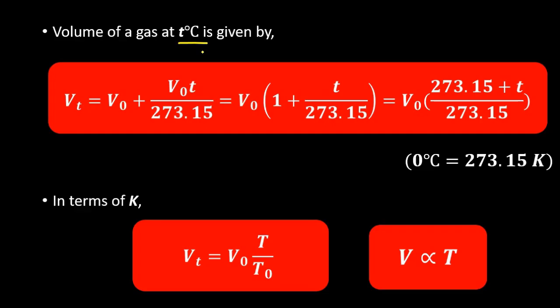This is the volume of the gas at T degrees Celsius, which we'll call V subscript T, and V0 is the volume of the gas at 0 degrees Celsius. So the volume of a gas at any temperature T in degrees Celsius is V0 plus 1 by 273.15 into V0 into T.